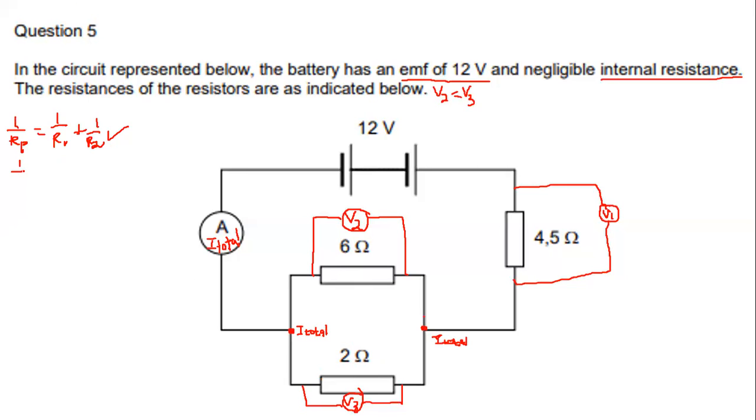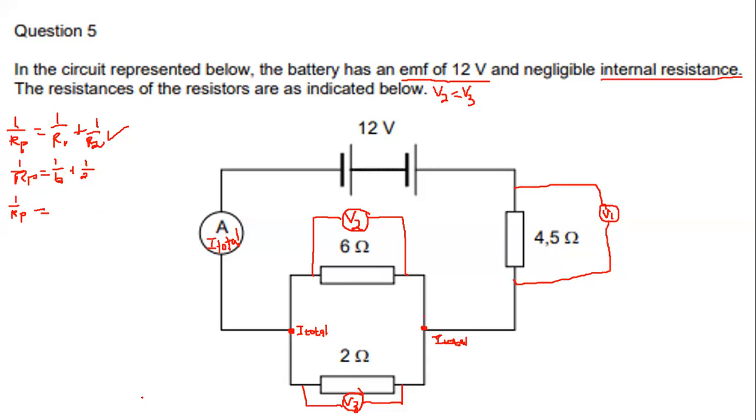Then we'll say 1 over Rp is equal to 1 over my R1. It's up to me. I can say it's 6 plus 1 over R2, I know it's 2, right? So I choose any. And then 1 over Rp is going to give me 1 over 6 plus 1 over 2.